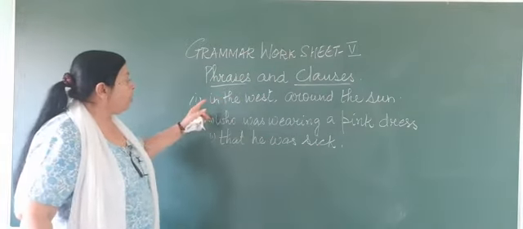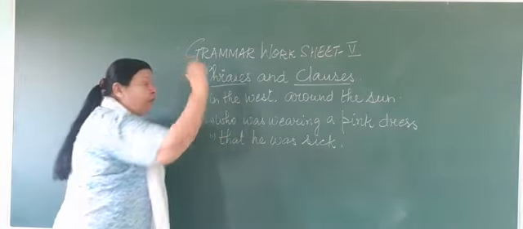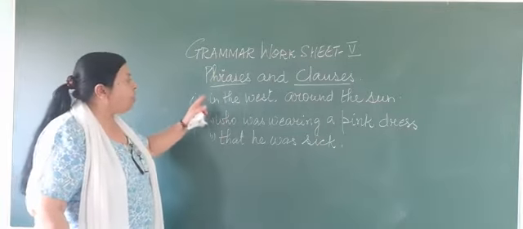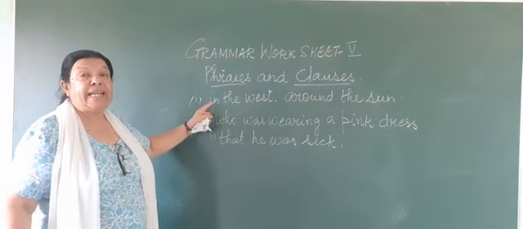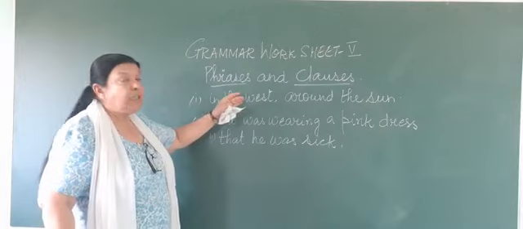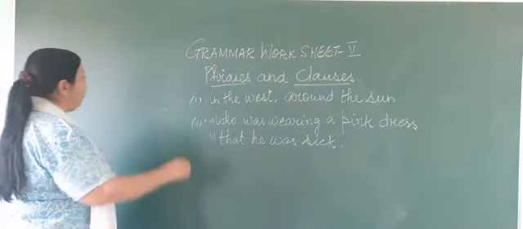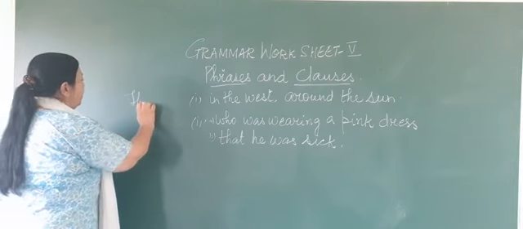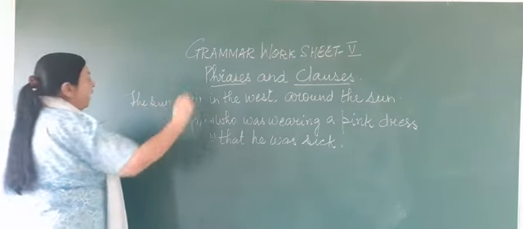Now, this group of words is called a phrase. And if I want to use this group of words to make sense, then I need to fit it into a sentence. So I can say, the sun sets in the west.